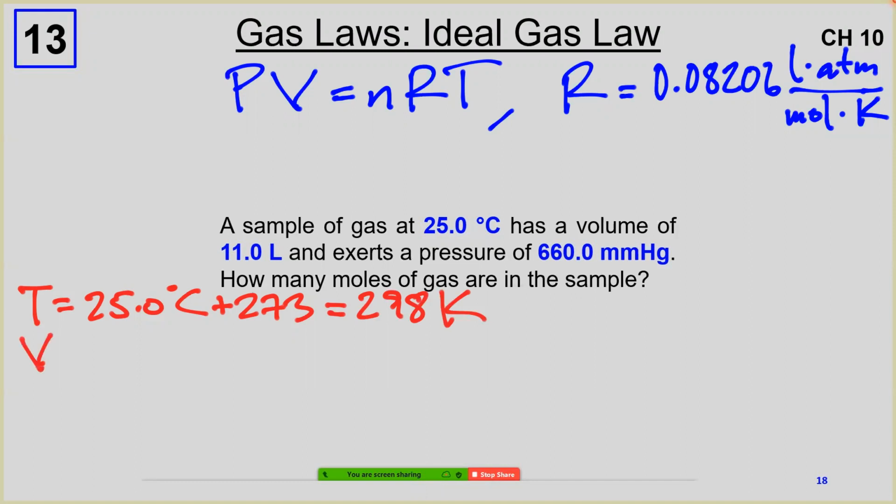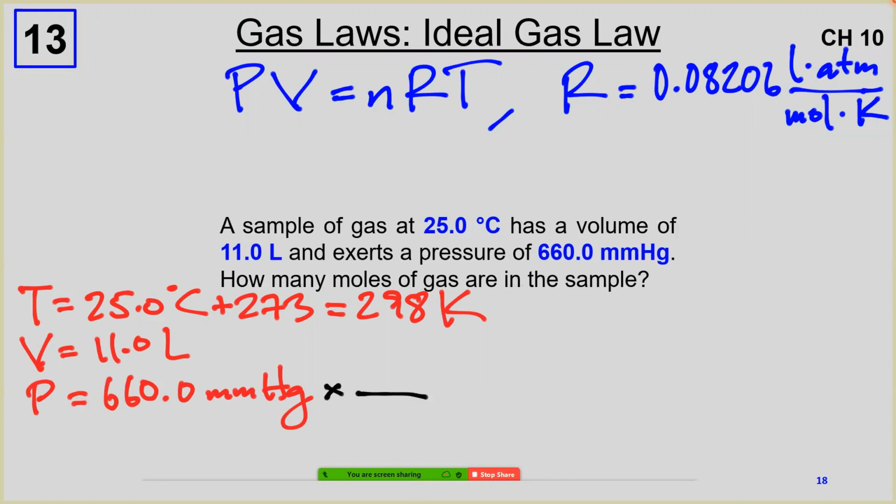We have volume, which is 11 liters. And we have pressure. As you can see, pressure here is not in atmosphere. And so we're going to have to convert this. So we have pressure in millimeters mercury. We got to convert this to atmosphere. How do we do that? We multiply this by the equivalence factor.